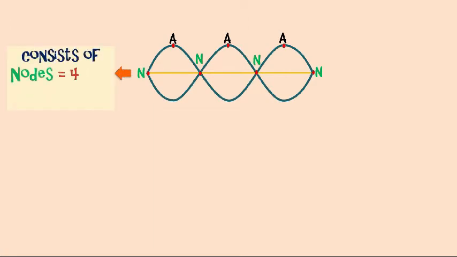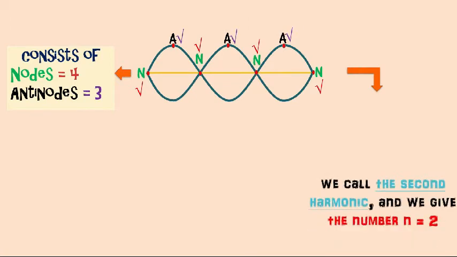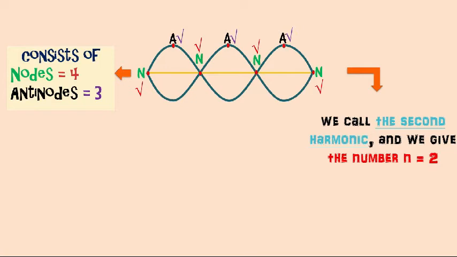So the picture consists of 4 nodes and 3 antinodes. Because it is one level higher, it is called the second harmonic, or the second overtone. Then we give it the number n equal to 2.